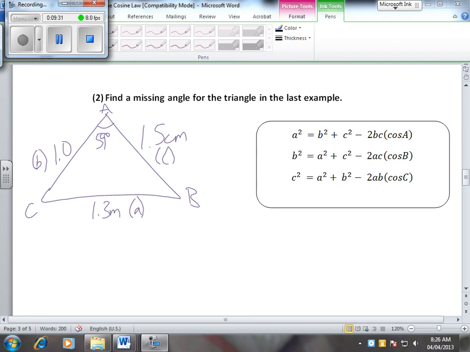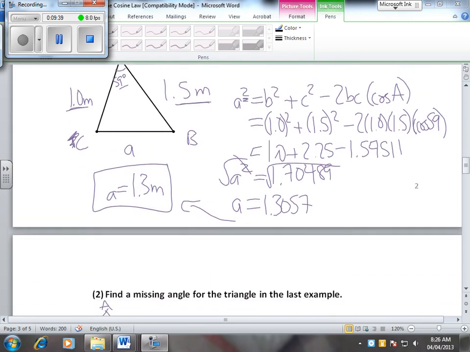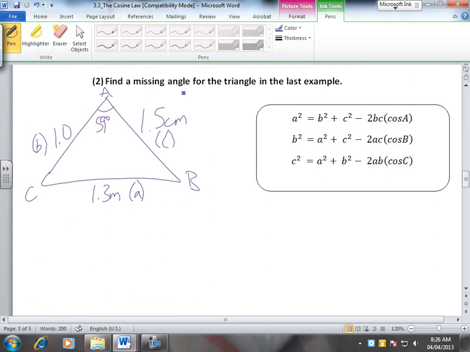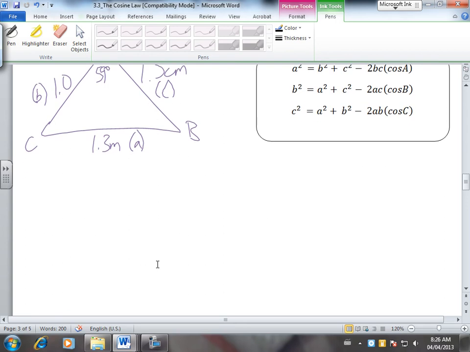If you flip the page, we're going to find the missing angle for the triangle in the last example. So I just redrew this triangle. It's a poor version of this one, but it's got all the same values. We're going to find a missing angle, either angle B or angle C. I'm going to find angle B because B comes after A. If we want to find angle B, we're looking for the version of this formula that has cos B in it, the capital B. And we have to check, do we have everything else?